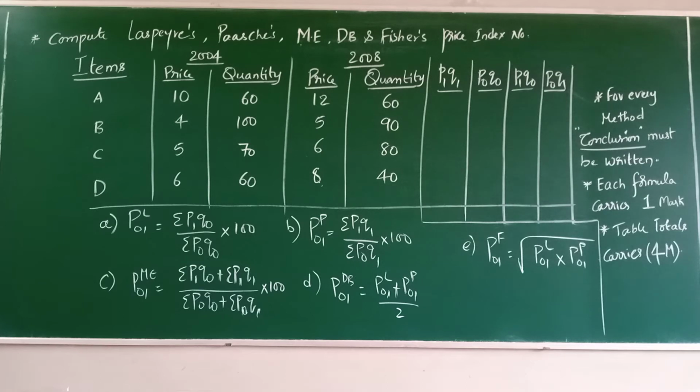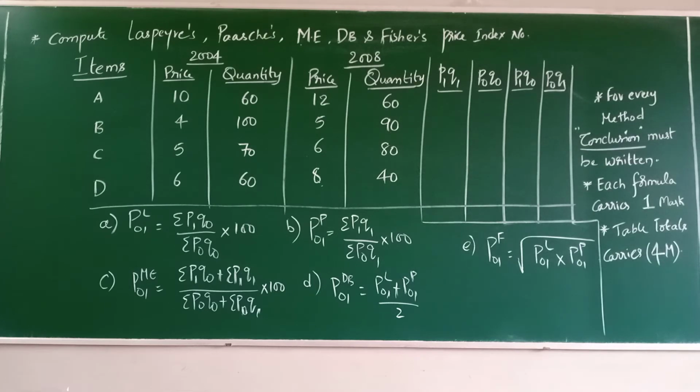So 1 1, 0 0, 1 0, 0 1. If you want to remember it in the easiest way, this is the code: 1 1, 0 0, 1 0, 0 1. This way the columns have to be written in the table. So P1 Q1, where are those? Under 2008, price will be P1 and quantity will be Q1.